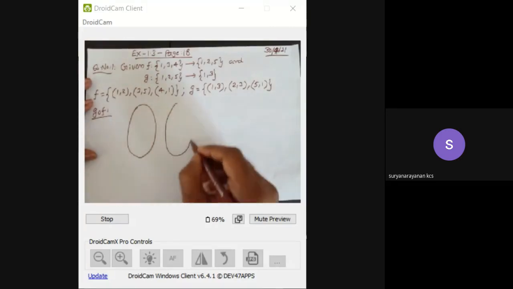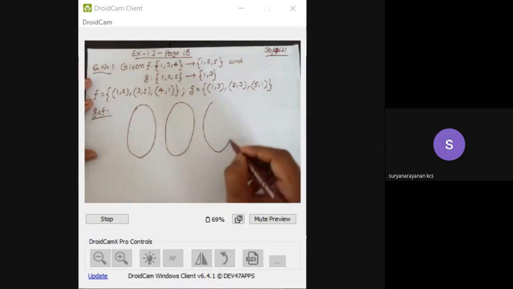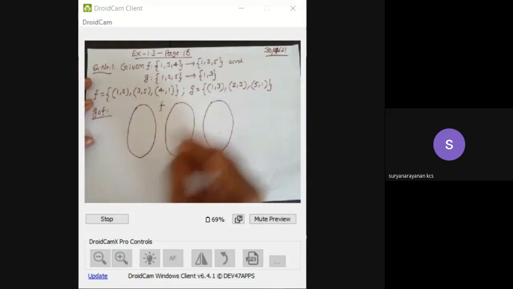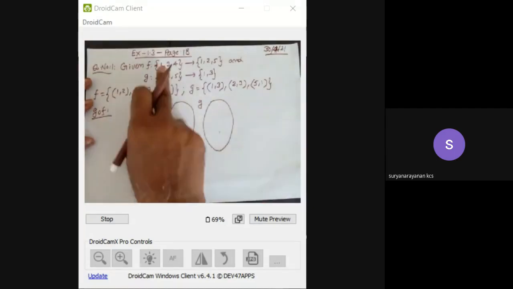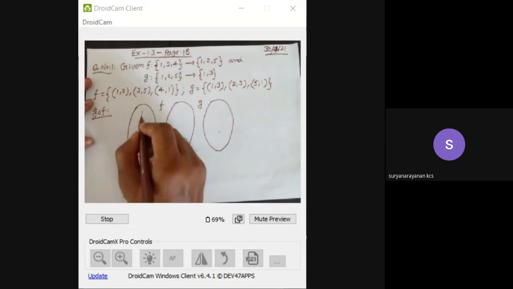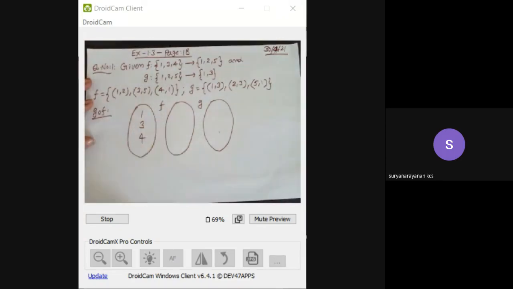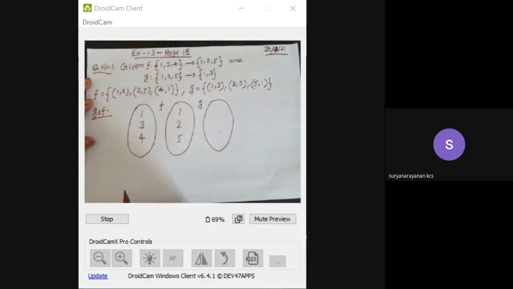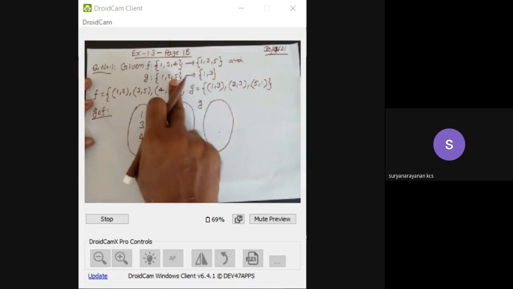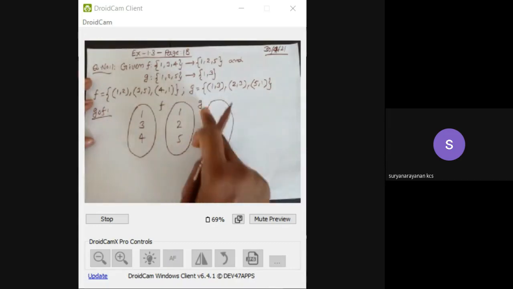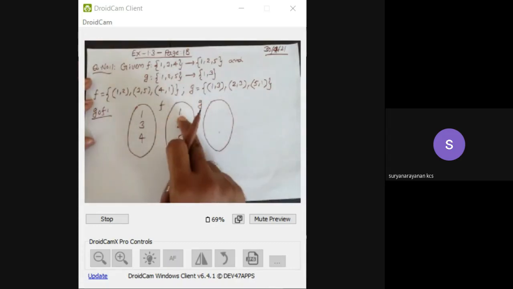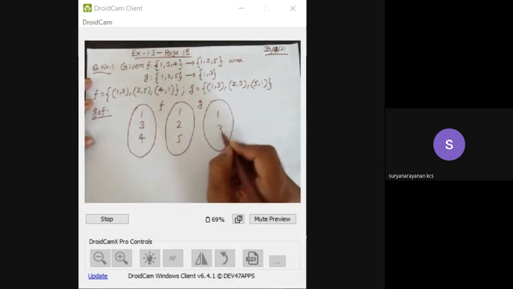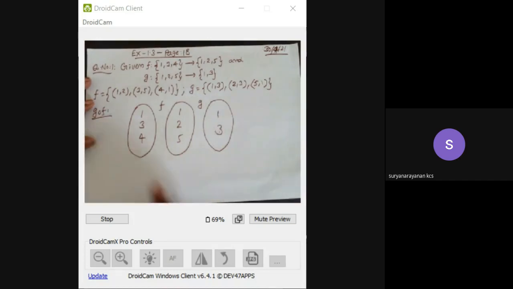I am representing this function F as an arrow diagram. What are the elements in the domain of F? 1, 3, 4. What is the codomain of F? 1, 2, 5. What is the domain of G? 1, 2, 5. How do you draw arrows?